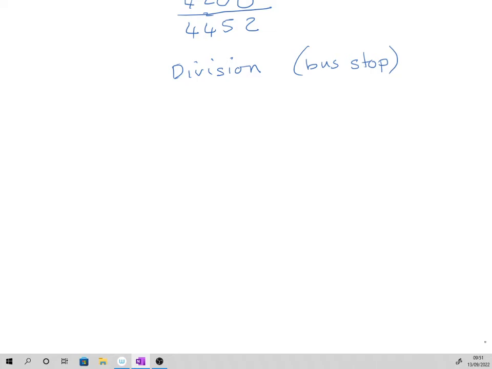Let's do a number that works out first. So we're going to have 224 divided by 4. So what we do is we make our bus stop here, and we put the 224 inside there, and we put the 4 outside.